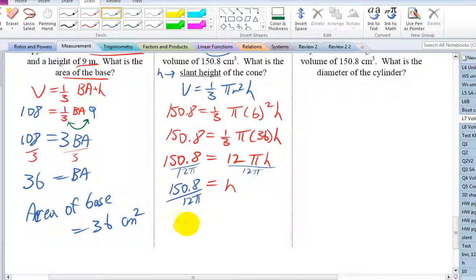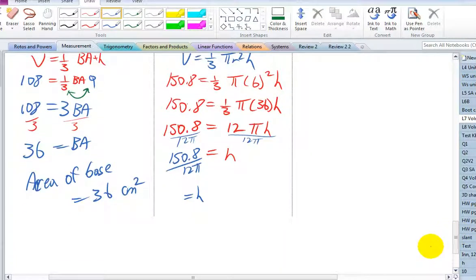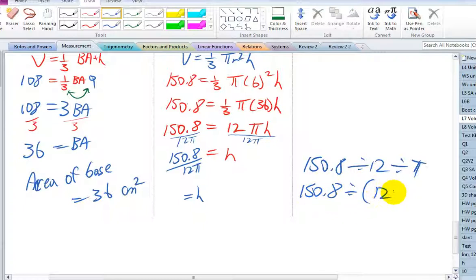Good. Go to your calculator and make sure you can do this. This is really important. It's 150.8 divided by 12 divided by pi, or divided by bracket 12 times pi bracket.